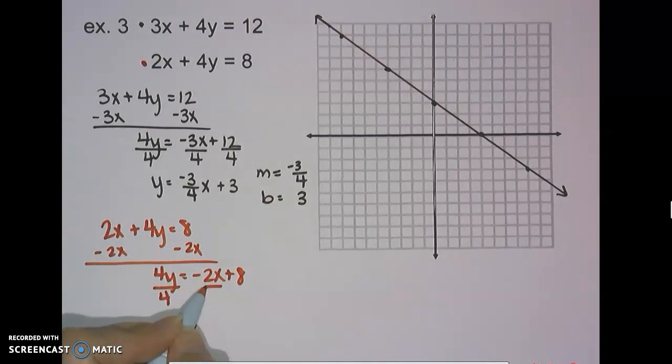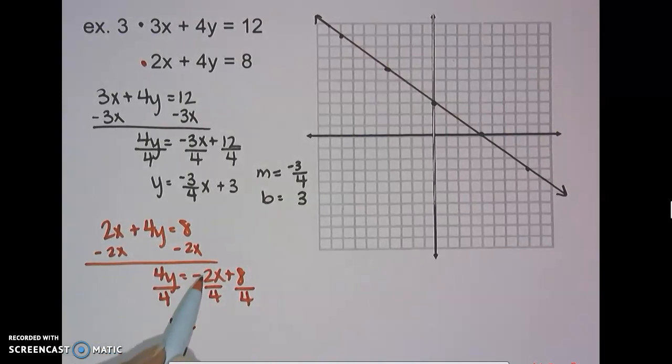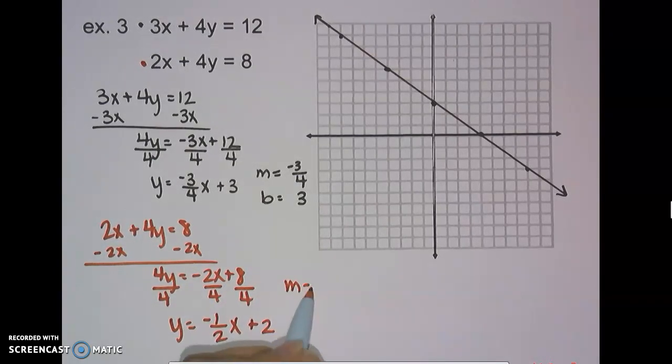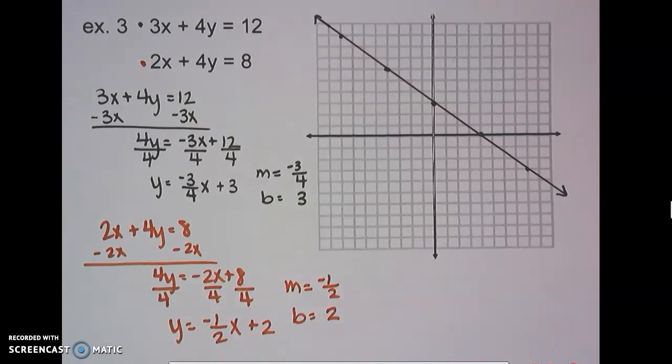And then we're going to divide by 4 to each piece, and we're going to simplify as much as possible. So negative 2/4 would simplify to be negative 1/2. Keep the x with it. 8 divided by 4 is 2. So now that we have this, we can find our m and our b. You can't find these things until you have it in the proper form. So here our m is negative 1/2, and our b is a positive 2.